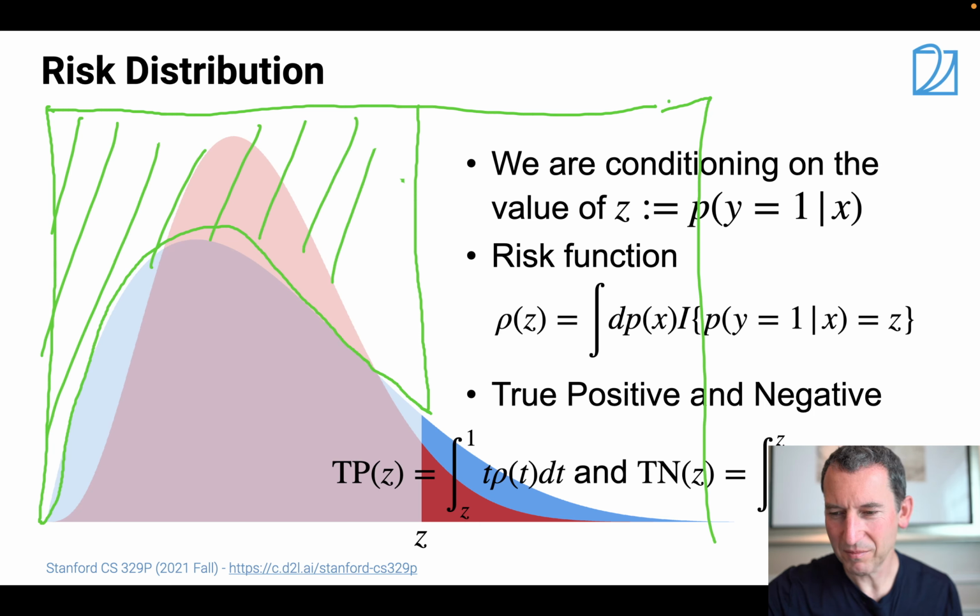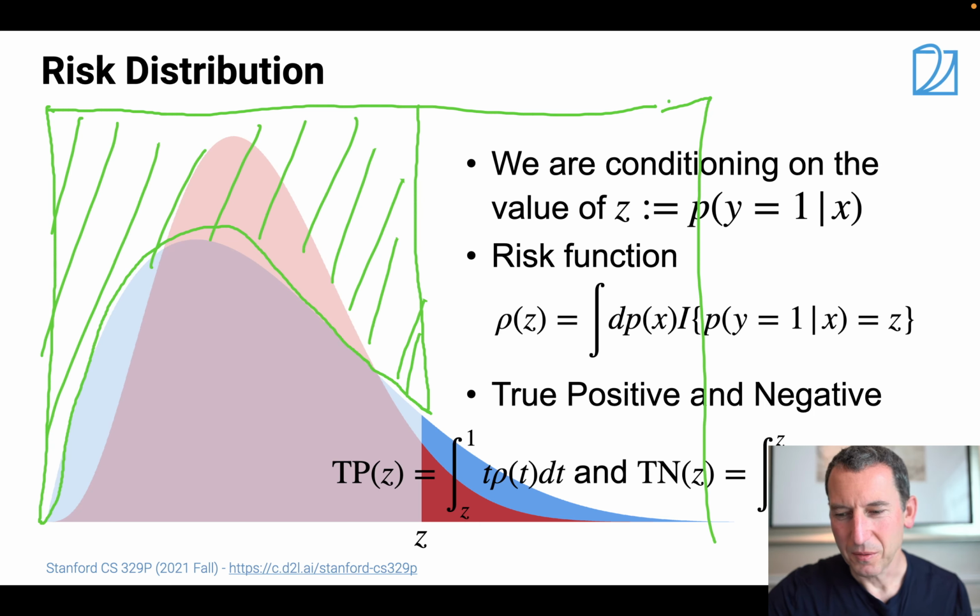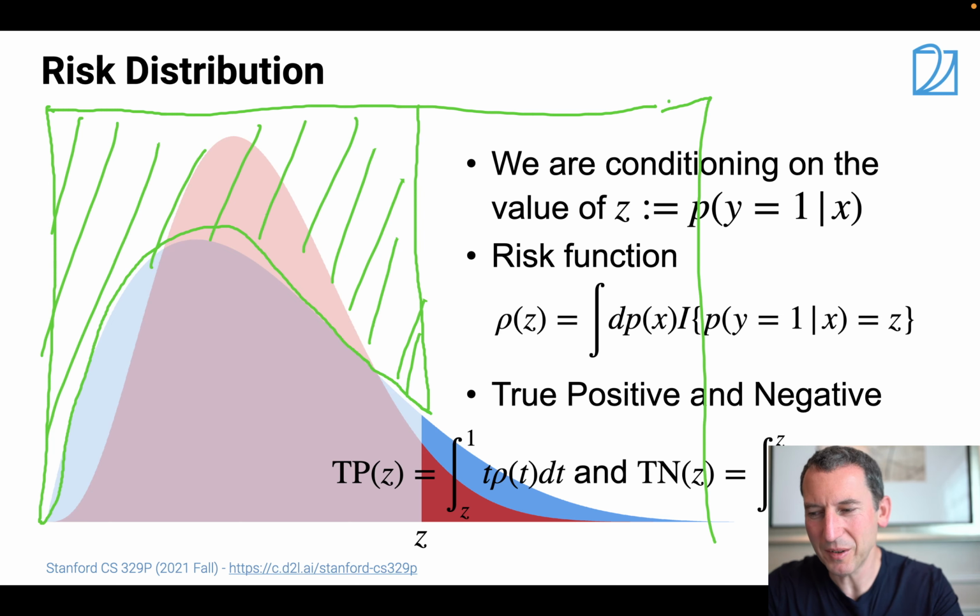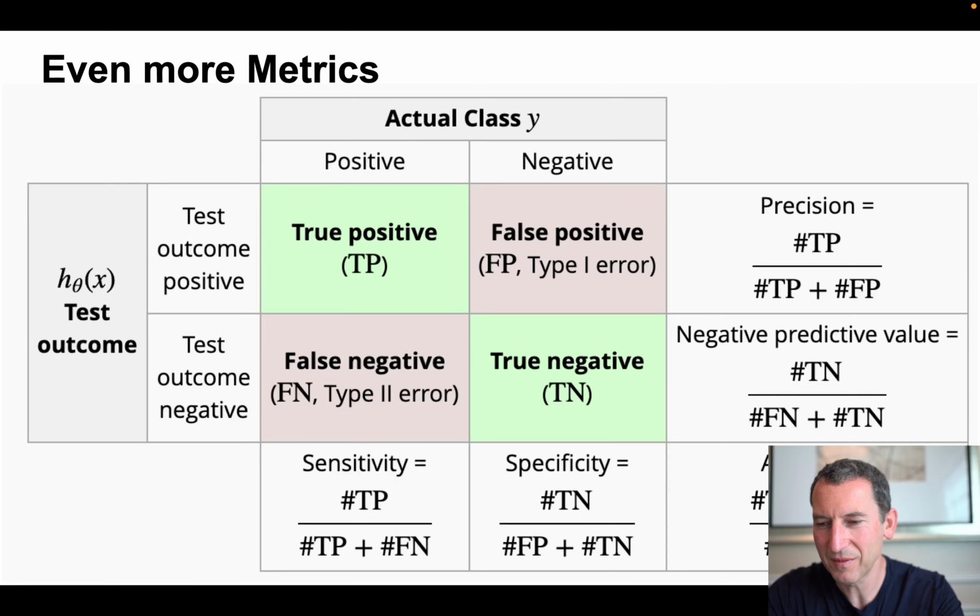These will be the true negatives, right? So this is therefore 1 minus t times rho of t dt. Okay, so far so good. But this is just to put the risk distribution into context with what we saw before. And you can convert all those curves into each other.